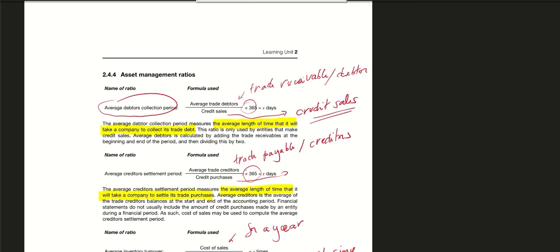All right, so we take the average trade creditors, we divide by the credit purchases because we were purchasing on credit, right? Average trade creditors divided by the credit purchases multiplied by 365. Remember that because we are looking at the period in terms of days. We want to see a period, a length, right? So the average length of time that it will take for the company to settle its trade purchases.